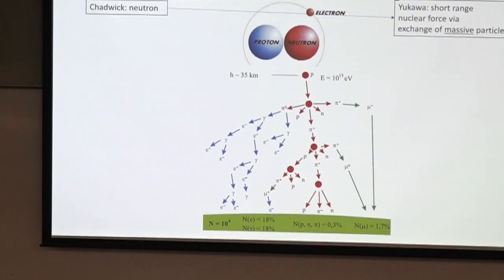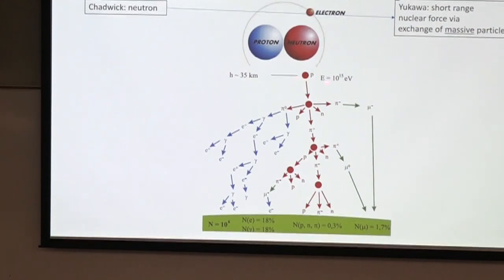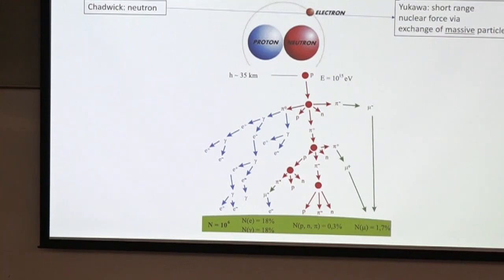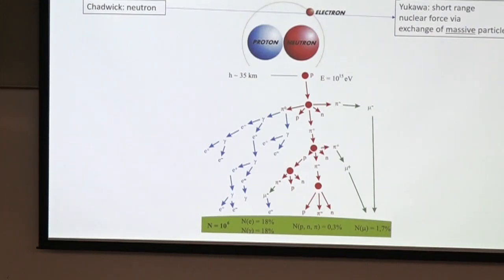So what did they have for an accelerator? Well, they had the sun. The sun will shoot out these protons, and they got a hefty 10 to the 15 eV. Your atoms in your chemistry have a few eV. This is 10 to the 15.